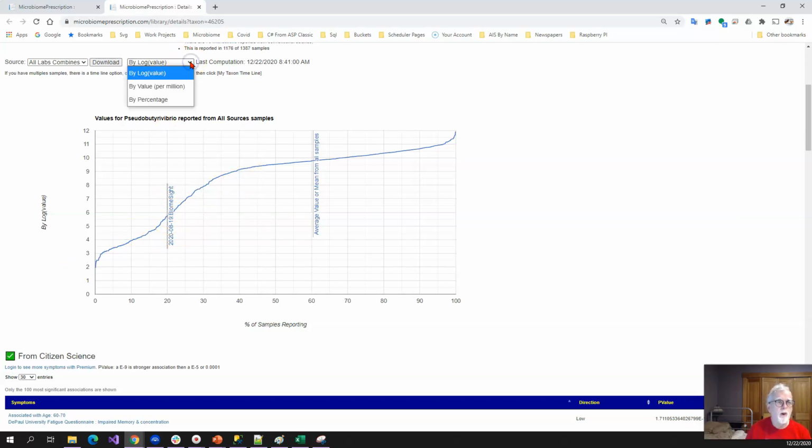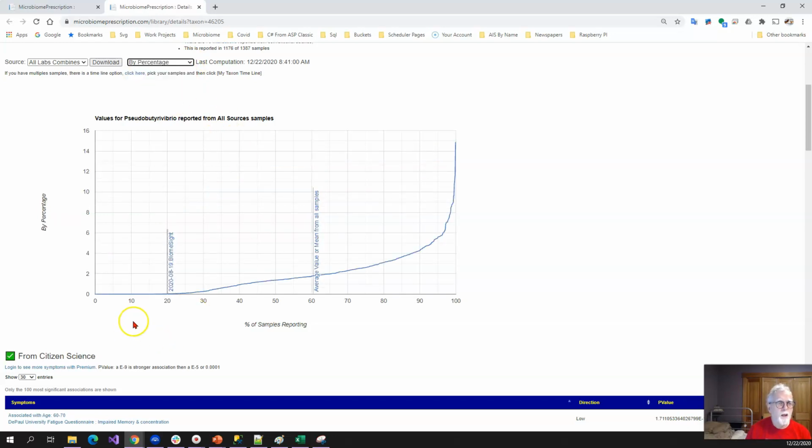I could go over and say, okay, let's see this by percentage. And here I have practically 0. So the normal range we saw up above is probably somewhere between 2.5% and 5.5% in terms of percentages.